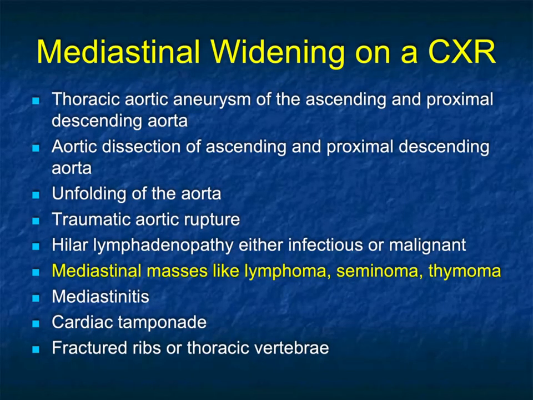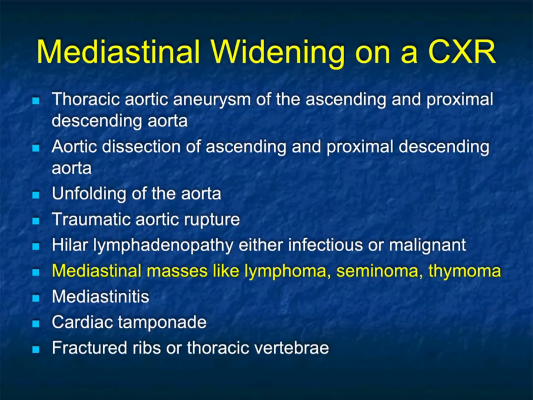We often speak about the mediastinum as something you would see on a chest x-ray. There's widening of the mediastinum and you're trying to figure out why. Things like thoracic aortic aneurysms or dissections, a markedly ectatic aorta. In a trauma patient, could the patient have aortic rupture? Could the patient have hilar adenopathy, be it due to infectious or inflammatory disease, TB, sarcoid, or malignancy like lung cancer? We look at mediastinum for possible masses. Which compartment are they in?